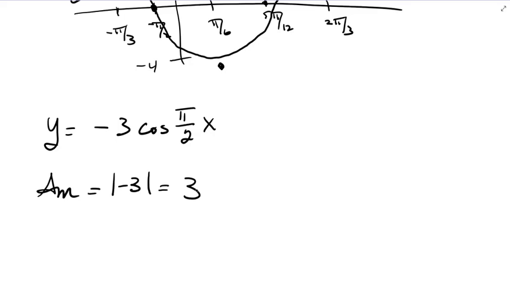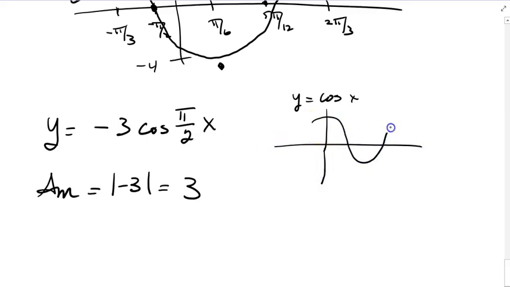But we need to talk about that negative for a second. So we know our basic cosine graph. Again, we just did it. Look at one cycle. How does that change when we do negative? So as you're going through this, you should be playing around with Desmos, because I had asked you in the last video to plug in a negative and see what happens. So hopefully you recall that putting a negative in front of the graph will flip it across the x-axis.